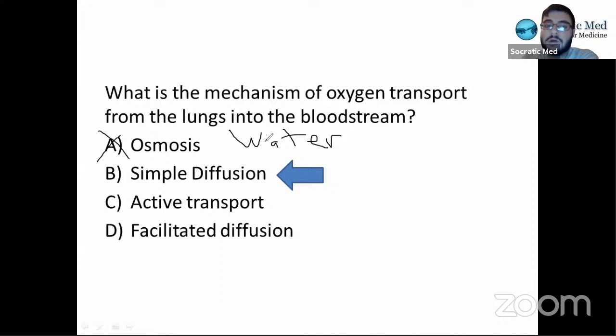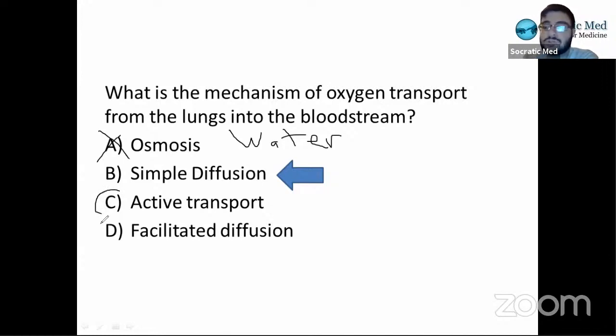Looking at the other three options, what is the mechanism of oxygen transfer from the lungs to the blood? Like I mentioned, it goes from the alveoli to the bloodstream, through the membrane to the capillaries, right? Active transport means that you have to expend ATP, usually to go against the gradient.